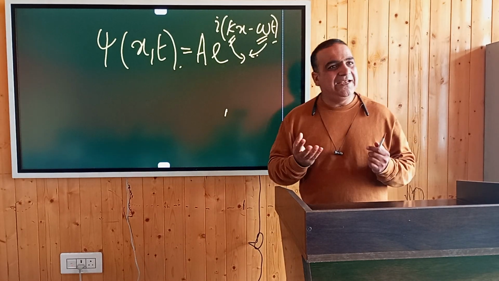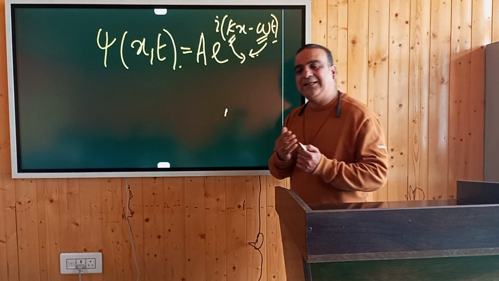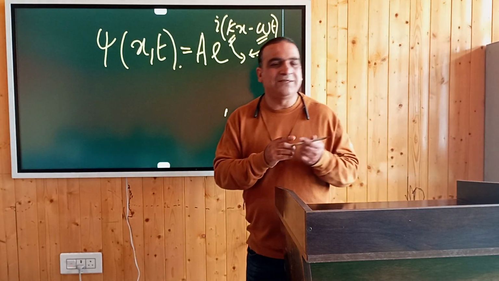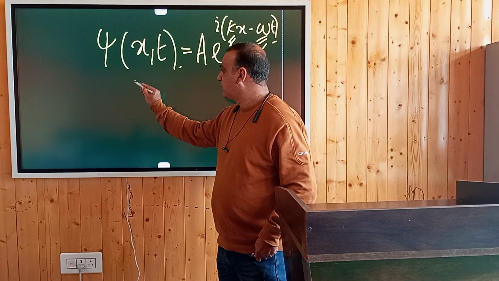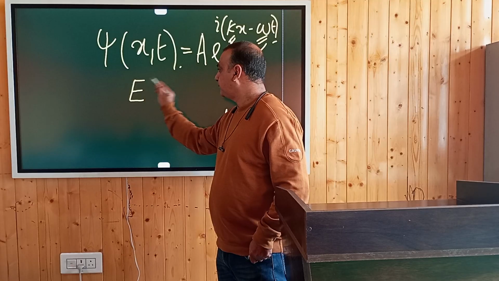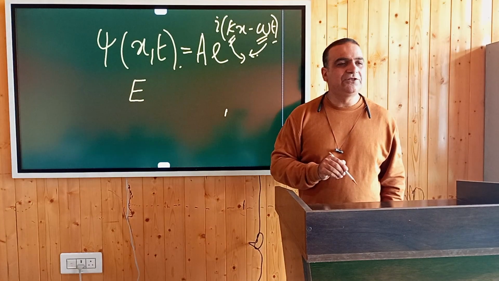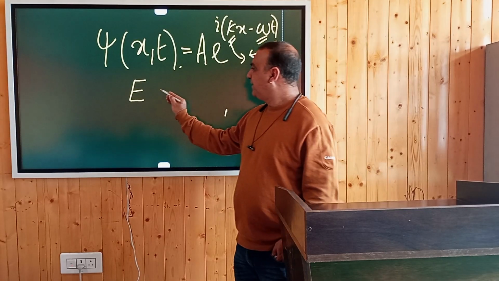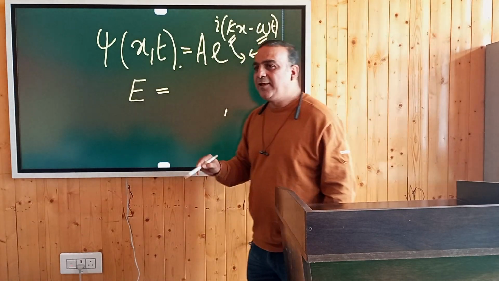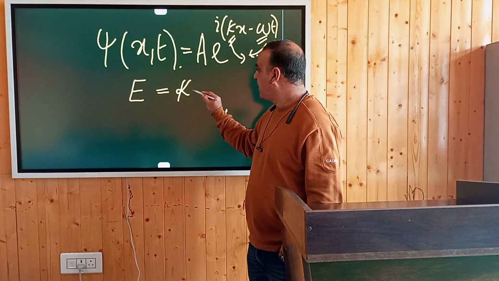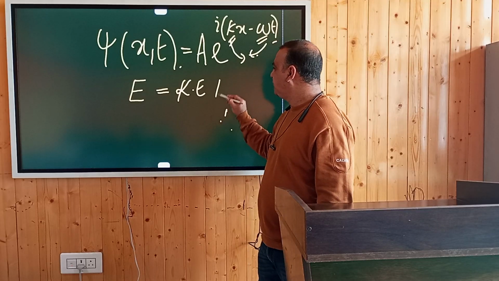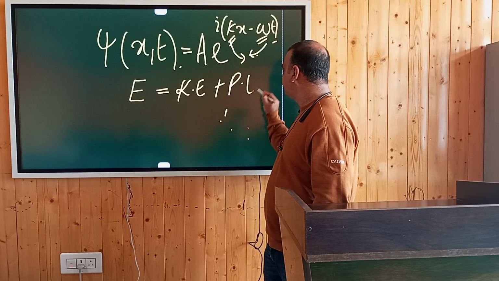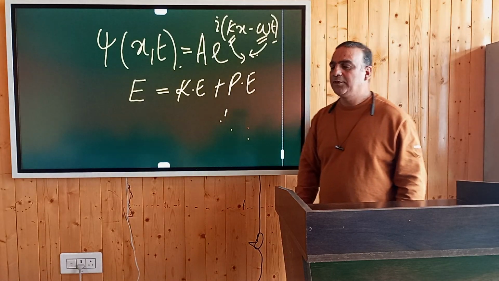If I take an ideal system and I assume that the total energy of this ideal system is E, this total energy must be the algebraic sum of kinetic energy and potential energy, right?